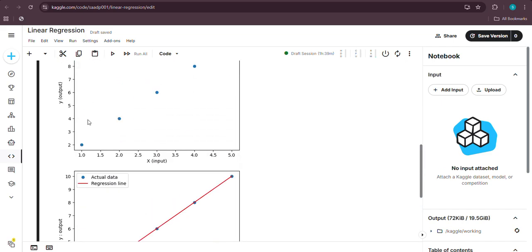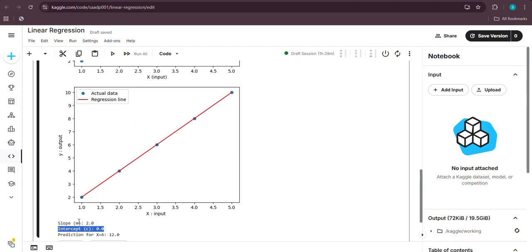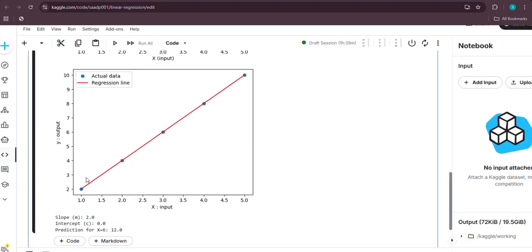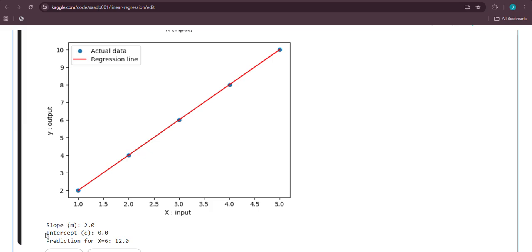By predicting that, you can see the slope is 2 and the intercept is 0. Why is the intercept 0, you may ask. The basic definition of intercept, or bias, is where it intersects the y-axis. Here you can see it doesn't even intersect the y-axis a bit. So that's why the intercept is 0 and the slope is 2.